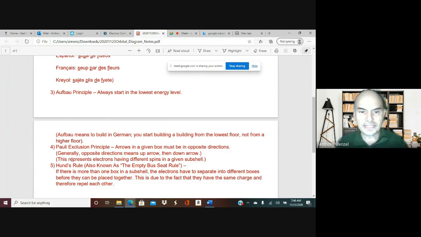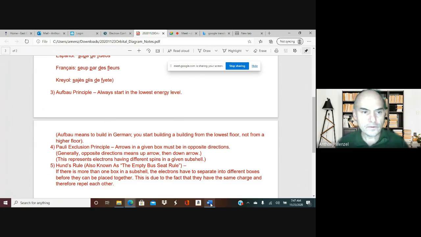And this is representing the different spins in a given subshell or orbital for the electrons in that orbital, because the electrons have the same charge, so they have to be spinning in opposite directions in order to occupy the same region in space.